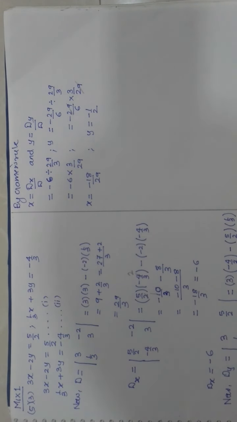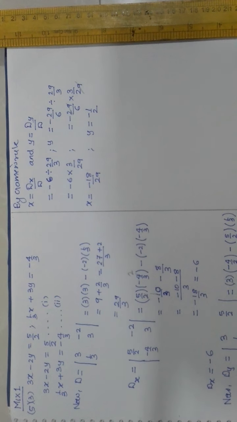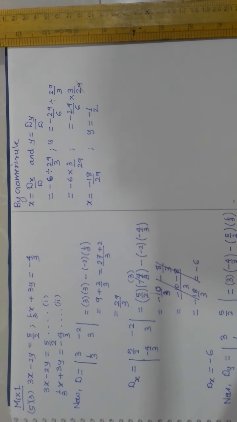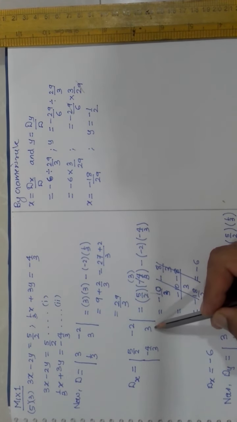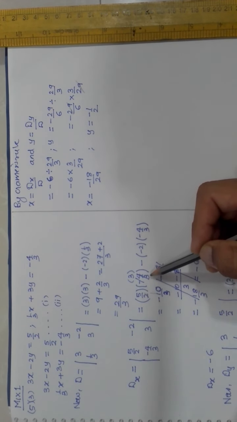So let us cross check it once again. By the time I am cross checking it, you also cross check it. Okay, I got the mistake, what I did. Here actually you see that here 5/2 is multiplied by 3, while speaking I have said 3 and I wrote here minus 4 by 3.